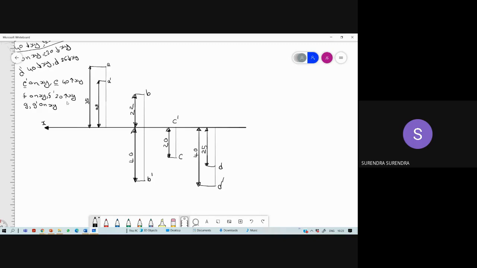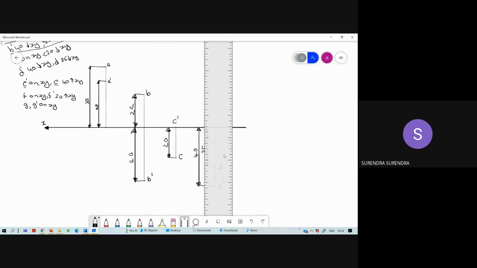Next coming to F. F on XY and F dash 20 mm above XY line.